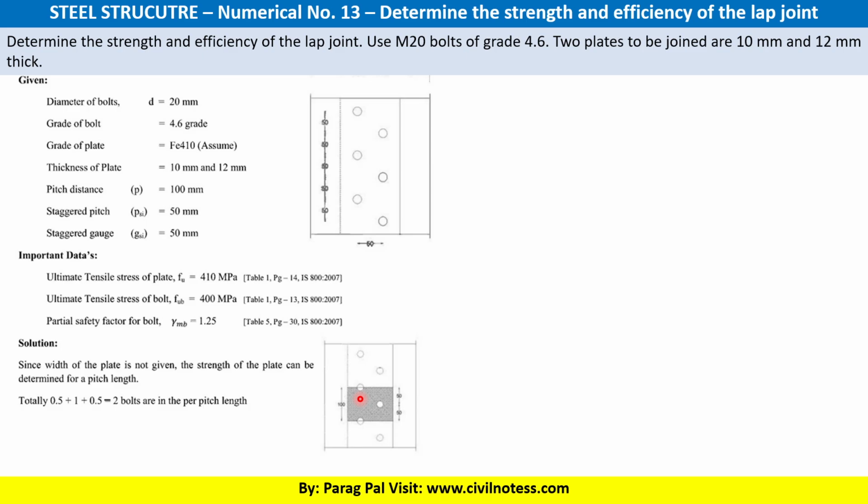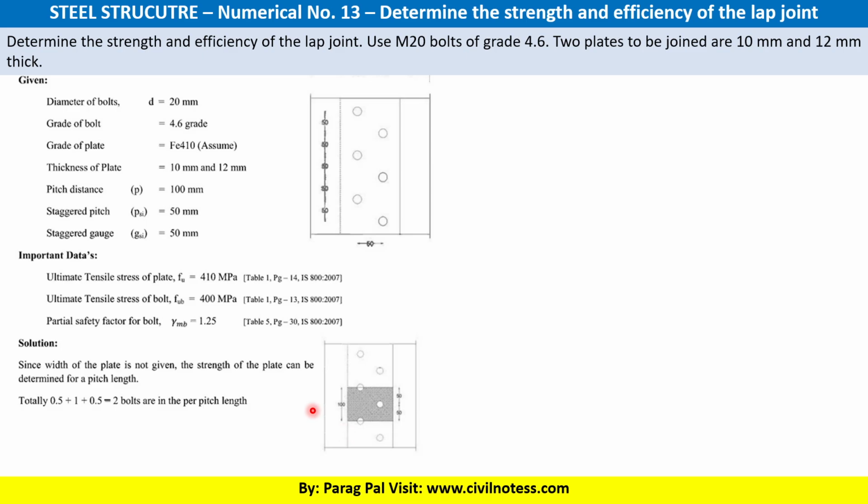It means for the strength of the plate we have one whole bolt and two half bolts: 0.5 for this bolt, one bolt for this one, and again 0.5 for this one. So in total we have two bolts per pitch length.